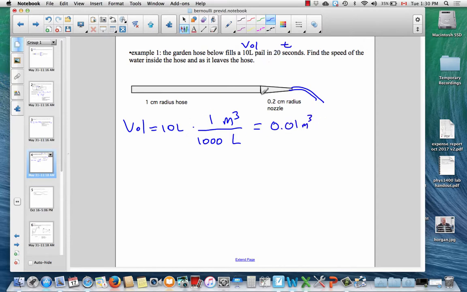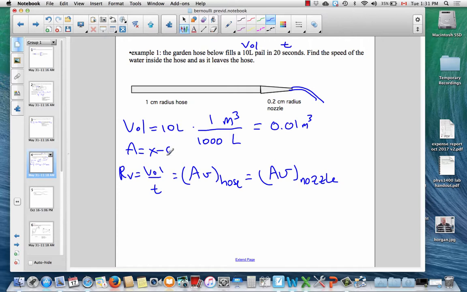Time doesn't need to be converted. So when we set up the continuity statement, we know the volume rate of flow, which is the ratio of volume to the time, must be the same in the hose, that's the first location, as at the exit nozzle. Those are the same. So we know the volume and time, that's good. Now A stands for cross-sectional area.